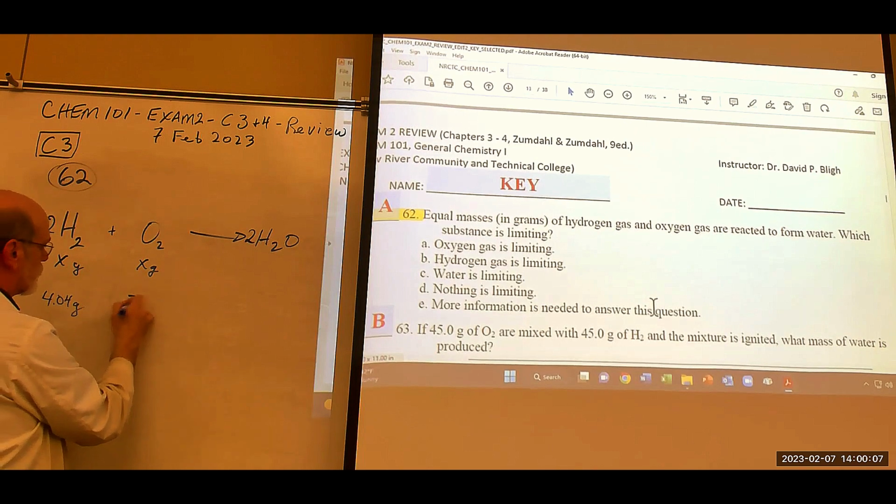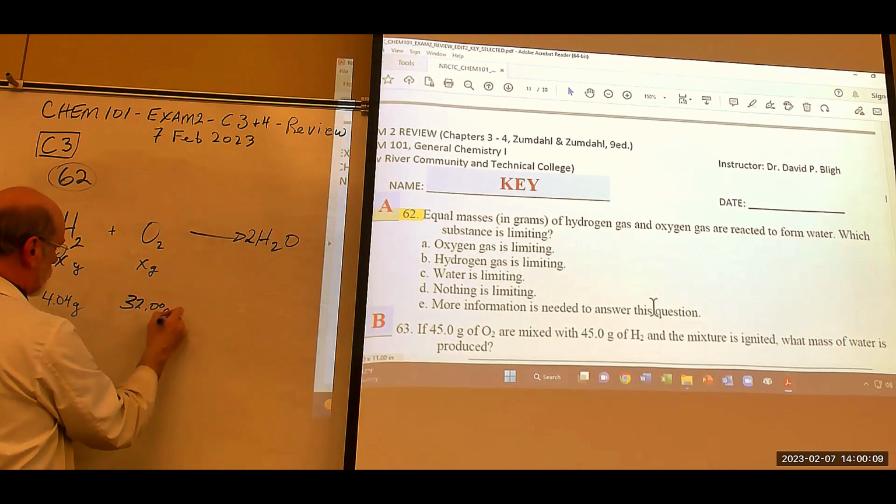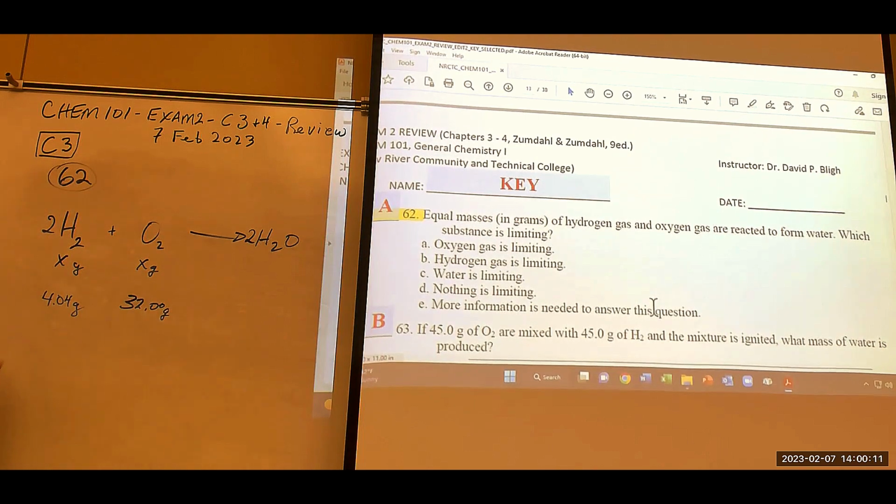And this one is 32 grams of oxygen. So if they're equal masses, then this one's in excess and that one's limiting. Oxygen is limiting. A is the answer. We don't need more information. We got the answer. So in this case, start at the top, find the right answer, stop.